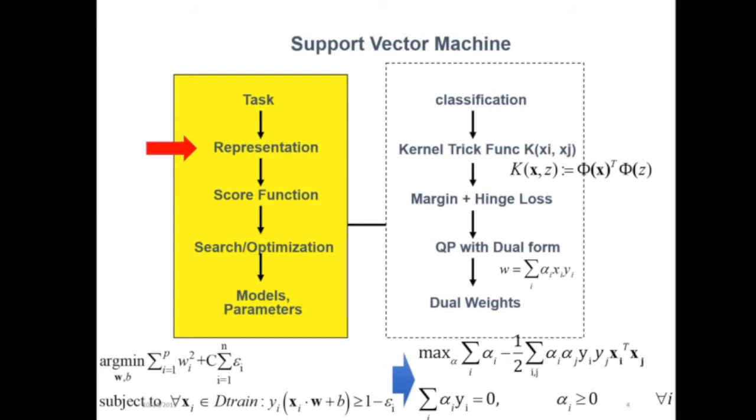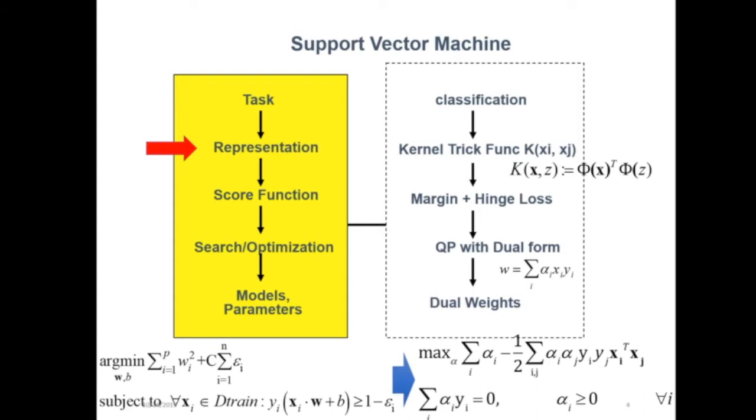Last time we covered half of the basic optimization formulation, but not exactly the formulation here. Next time I will cover how the C gets introduced in this optimization formulation. So today it's really about representation.